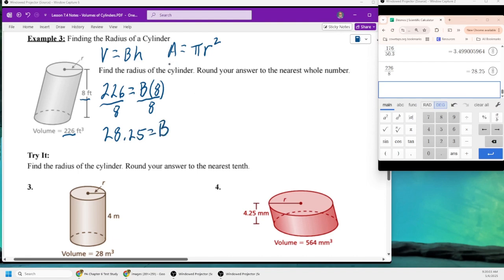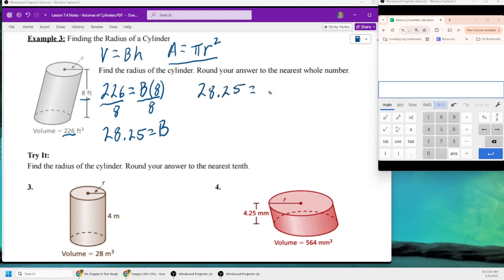So now we're going to use this formula right here. Since that is the area of the base, we're going to plug it in here and say 28.25 is equal to pi times the radius squared. Now we're trying to figure out the radius, so we need to get the r all alone.